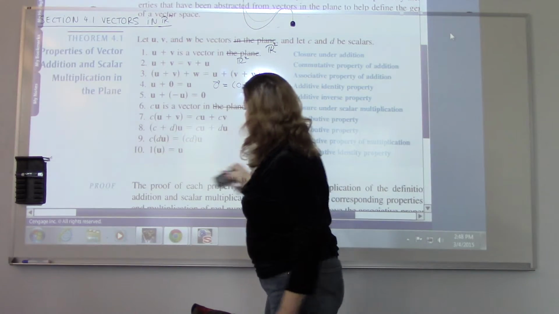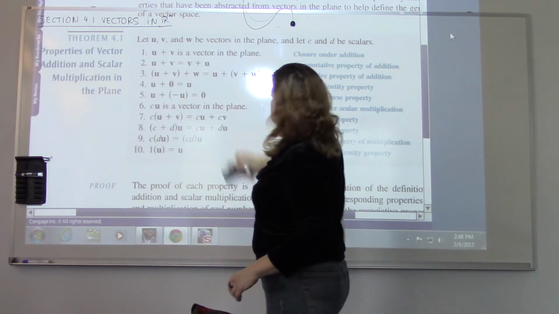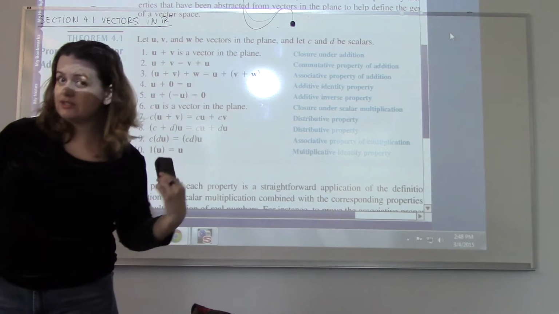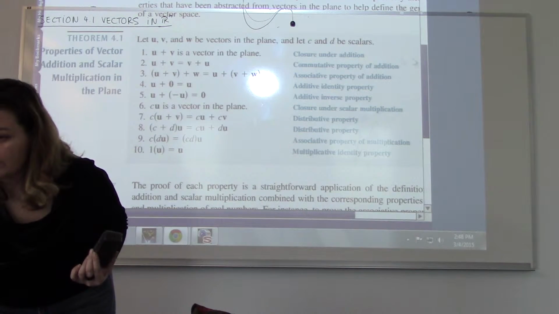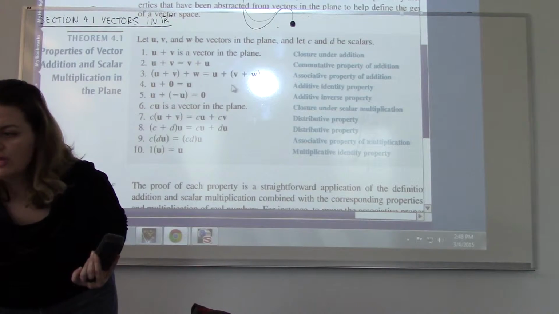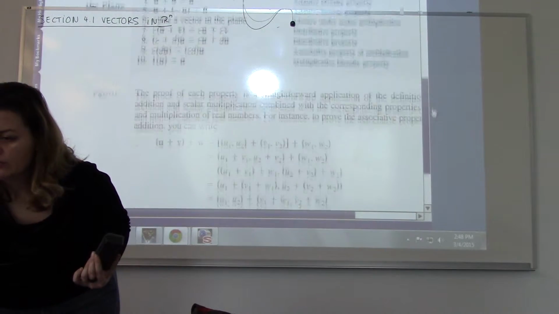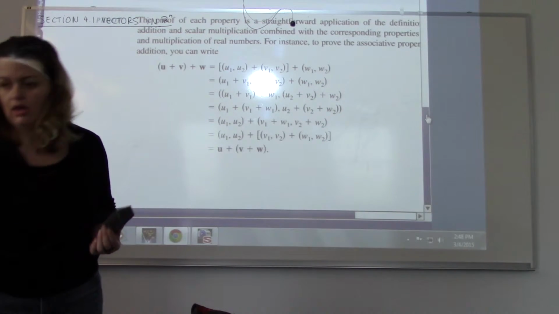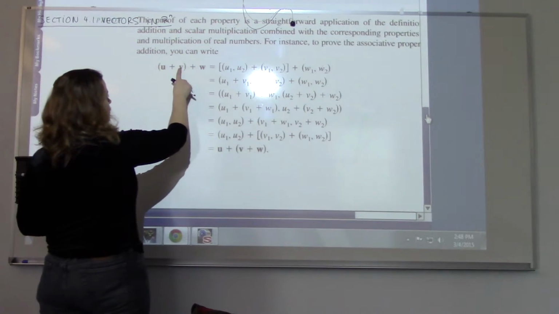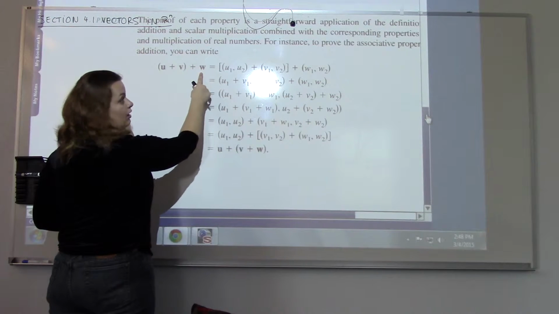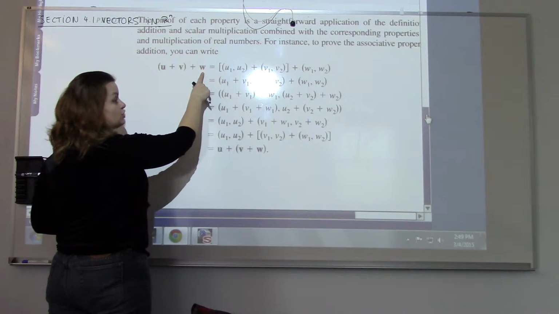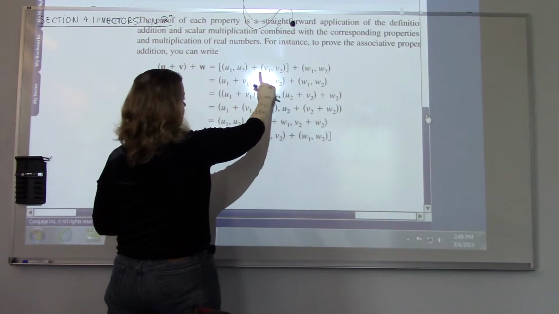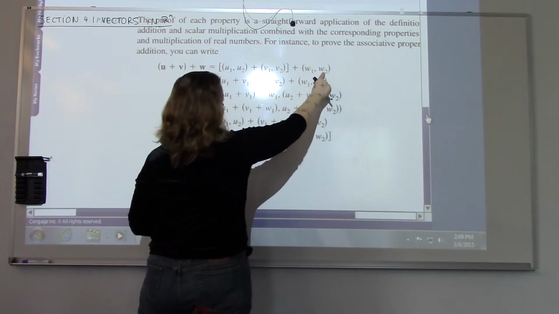These properties are easier to prove than the ones for matrices because these are vectors in R2, so there's not a lot of work to do here. The book does the proof of 3, and we're going to look at it briefly. Those of you who've had Calc 3 have seen this with 3 dimensions. So you take 3 vectors, u, v, and w, in R2. That means each one of them has 2 components. So you're going to write u as u1, u2, v as v1, v2, and w as w1, w2.